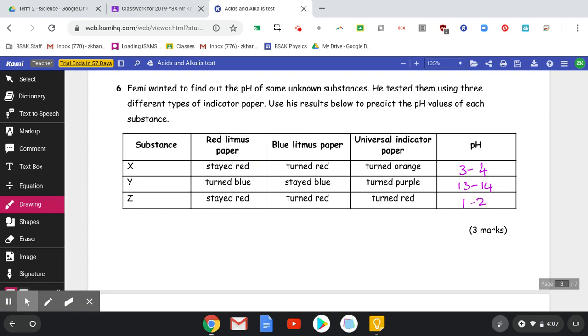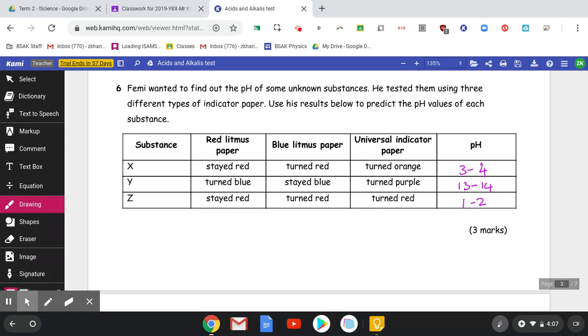How strong of an acid, the universal indicator will give us more of an idea. So it's orange, so it's not a very strong acid, and the colors beyond red, it's orange, so we're looking at a pH around about 3 to 4.